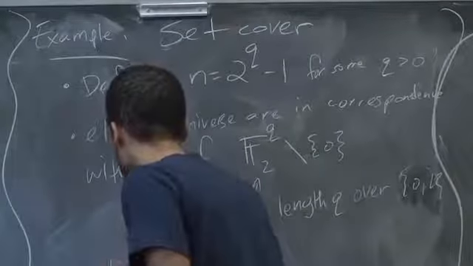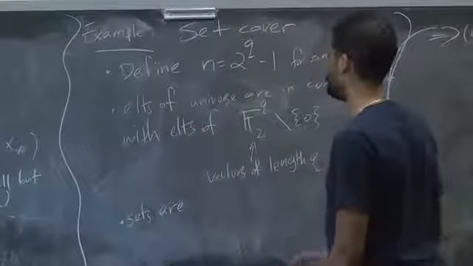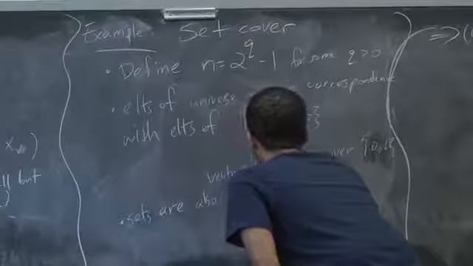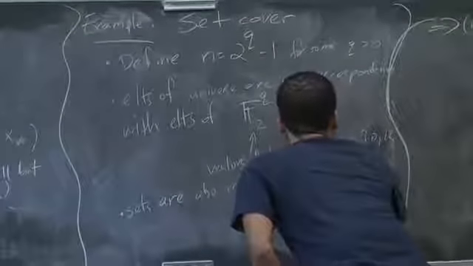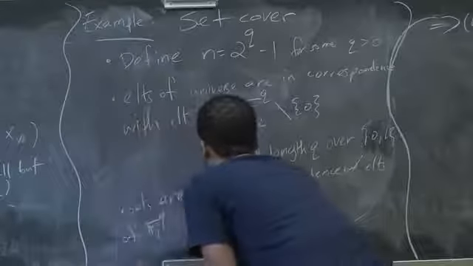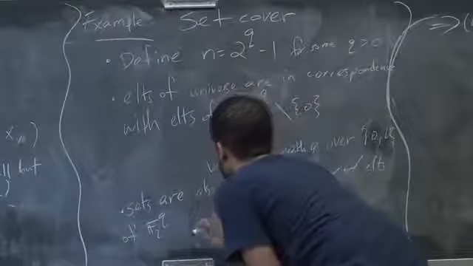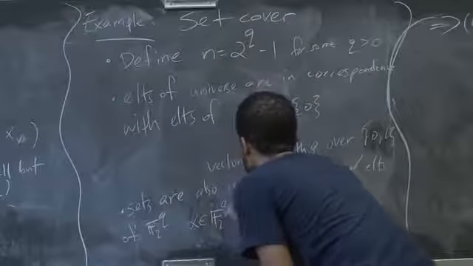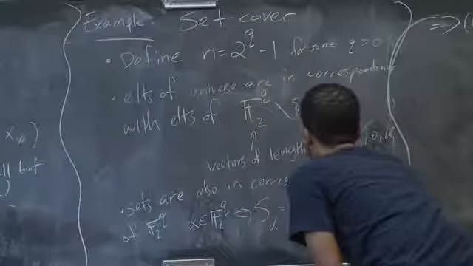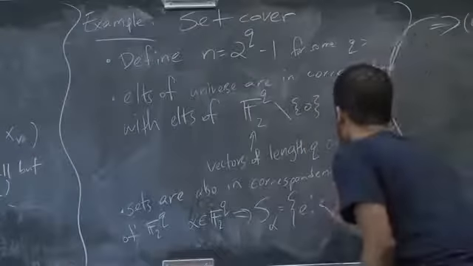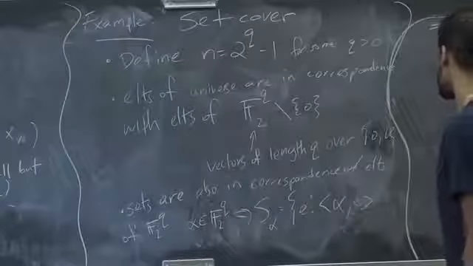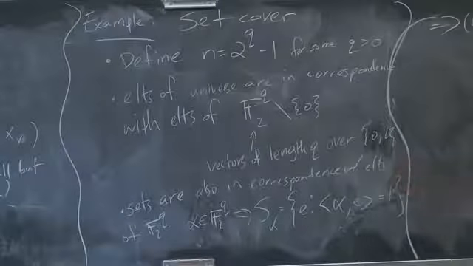And sets are also in correspondence with elements of F2^q, where the set corresponding to alpha, so let's say alpha is in F2^q, so it's also some bit string of length q, that implies that S sub alpha is the set of all e in the universe such that alpha dot e, this is the dot product, is equal to 1, mod 2.